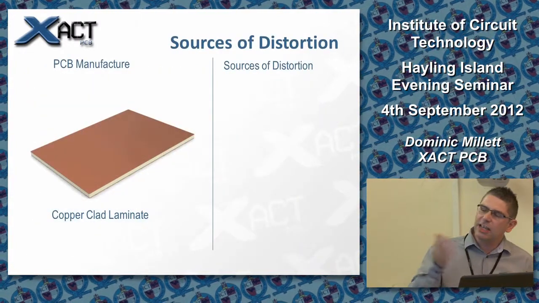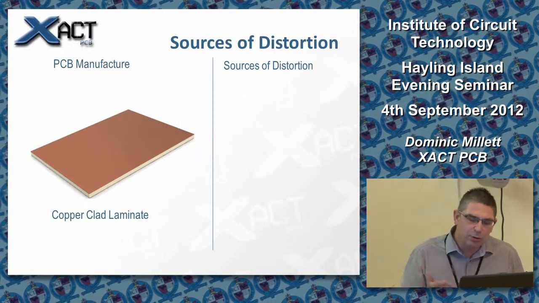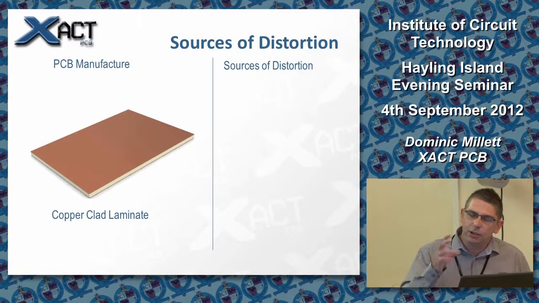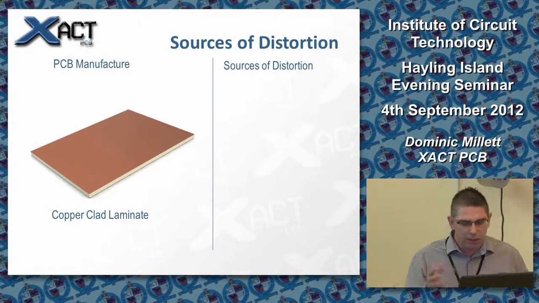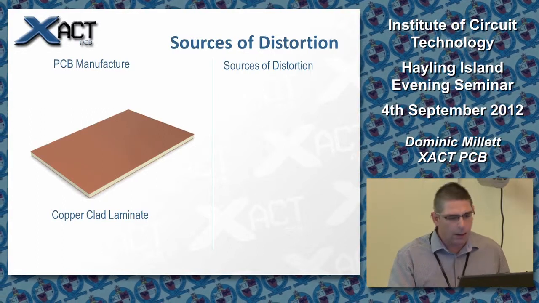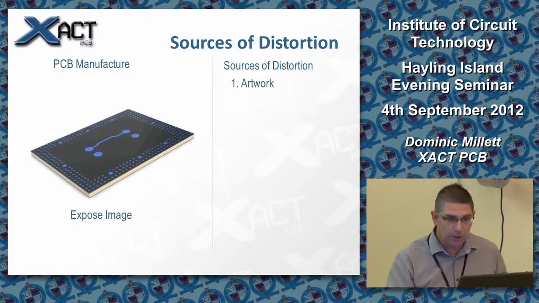I've got a section of slides now which take you through a typical manufacturing process. In the case of this example, it's a two-bond, two-stage manufacturing route. So you start with the copper-clad laminate, apply photoresist, apply an artwork, a source of distortion.